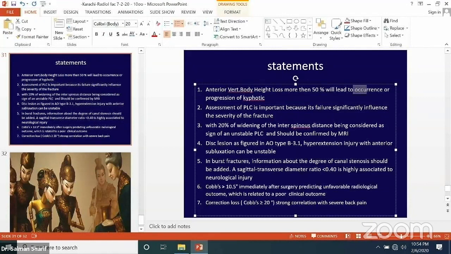Any correction? Lead to, yes. Kyphotic deformity. Deformity? Yes. More than.